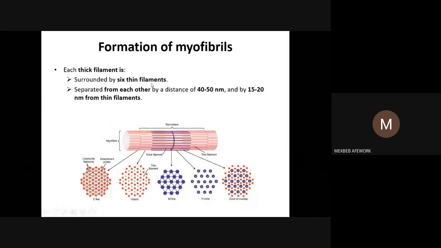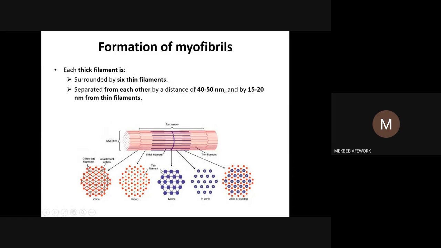The thin filaments are the 3 proteins I told you assembled together. They look like this one. So these are surrounding this thick filament from both sides at equal distance. The thick filaments are separated from each other by about 40 nanometers, and from thin filaments by about 20 nanometers. So this type of assembly is what is making the myofibrils.